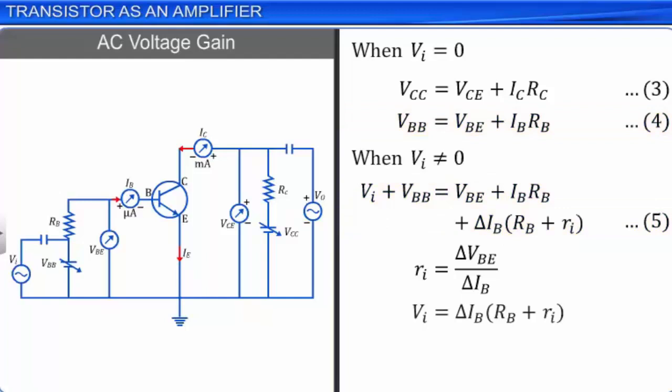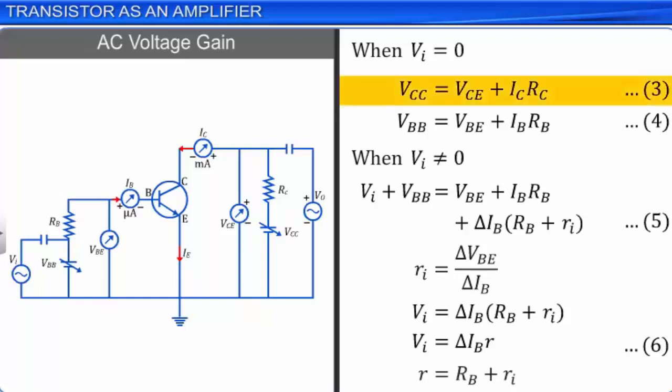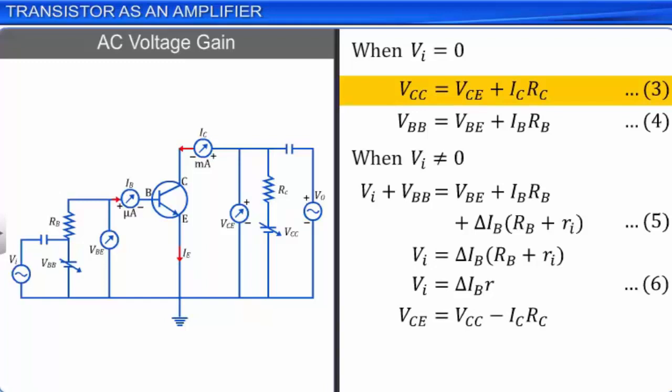On rearranging equation 3 for the output circuit, we get VCE is equal to VCC minus IC into RC. Let this be equation 7. Thus, a small change in VCE, delta VCE, is equal to delta VCC minus delta IC into RC. Let this be equation 8.